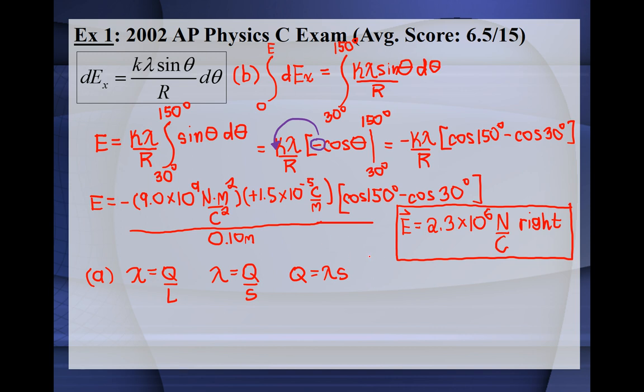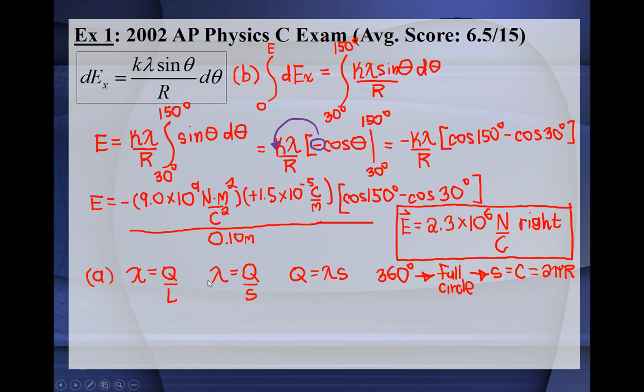If this was a full circle, so 360 degrees, then your arc length would just be equal to the circumference of the circle. So that would just be equal to 2 pi times r.